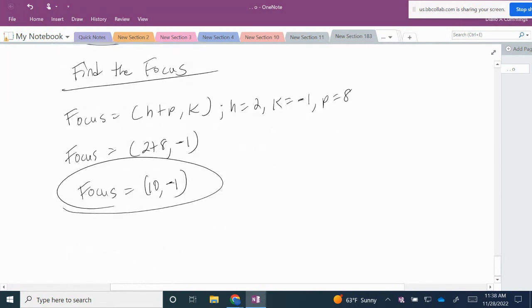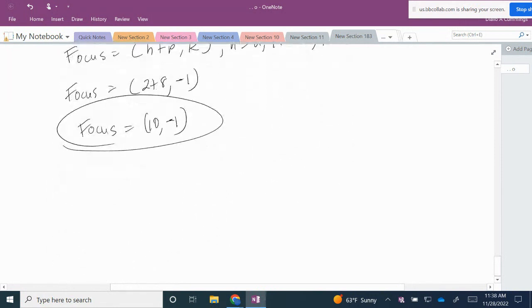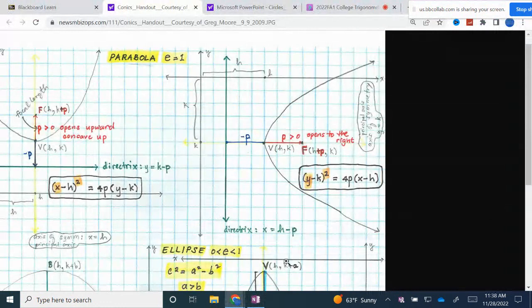All right. Next, we're going to find the directrix. If we go back to our model form, the directrix is x is equal to h minus p.